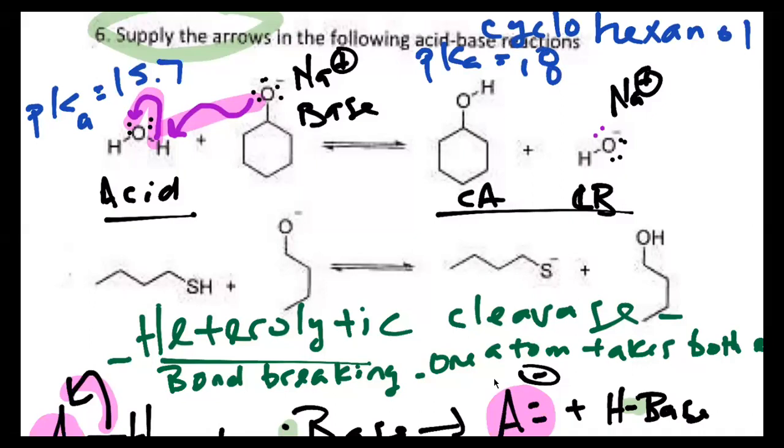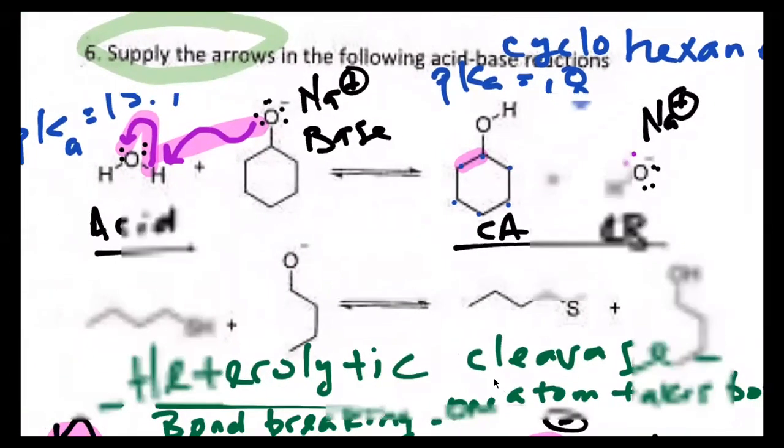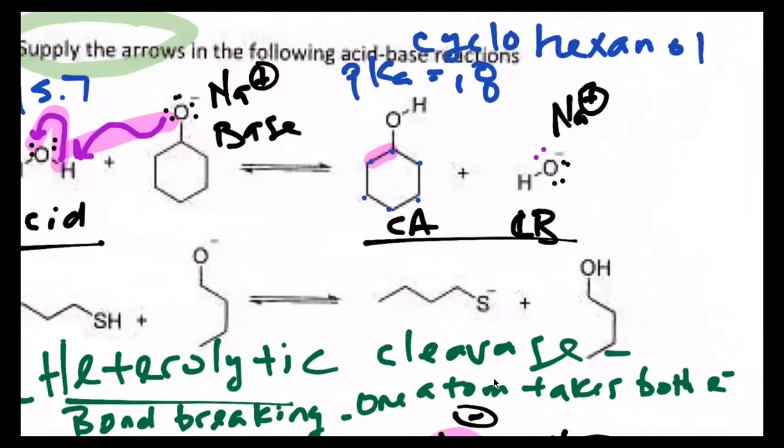It's cyclo because you have, let me count them out, 1, 2, 3, 4, 5, 6 carbons. That's where the hex part comes from. The cyclo part comes from the fact that those 6 carbons are in a ring. And then the functional group here is an alcohol.